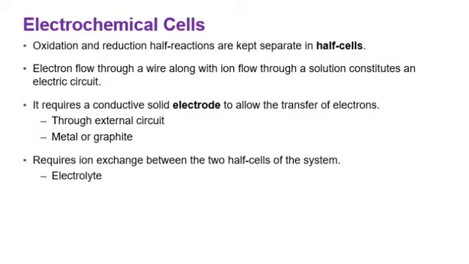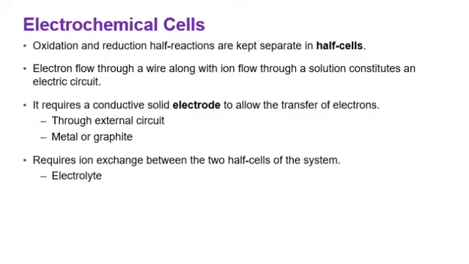An electrochemical cell works by separating the oxidation and reduction half reactions into different compartments called half cells. Each half cell contains an electrode and an electrolyte. The anode is where the oxidation occurs, or where the electrons are lost. The cathode is where the reduction occurs, or the electrons are gained.